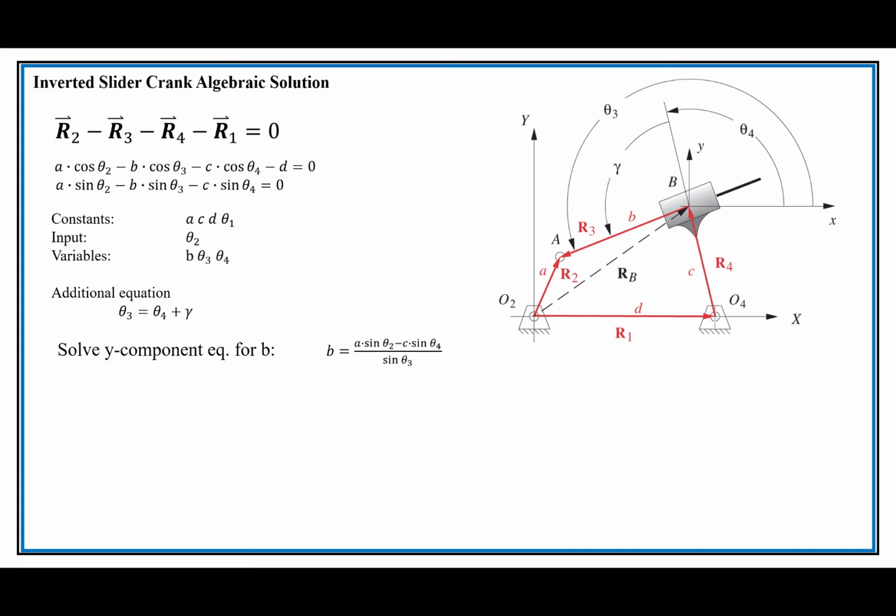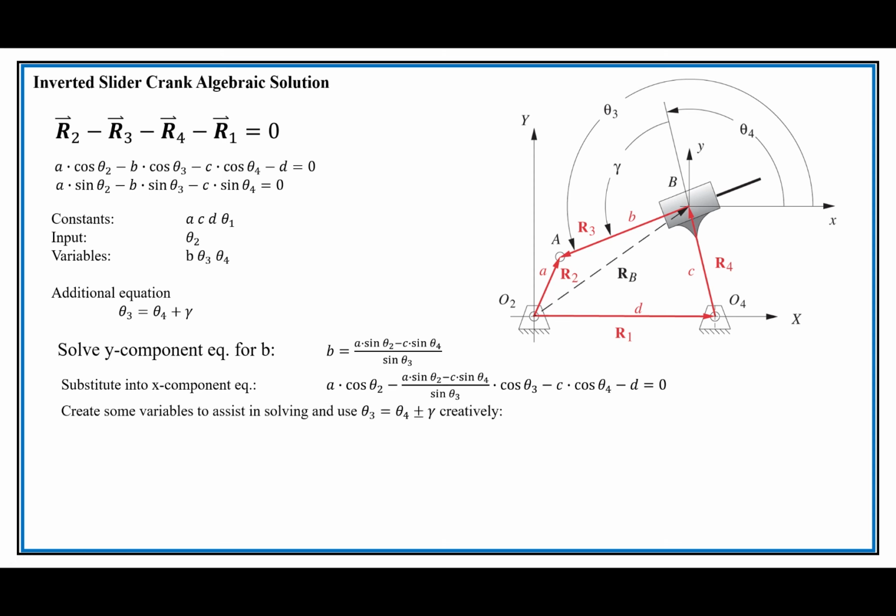So what you could do from this up above, because you know some of these things, you could have solved for b, but you don't know theta 4 or theta 3. So let's put this from the second equation, this is for the y component, into the x component. Boom. So we put that in there.